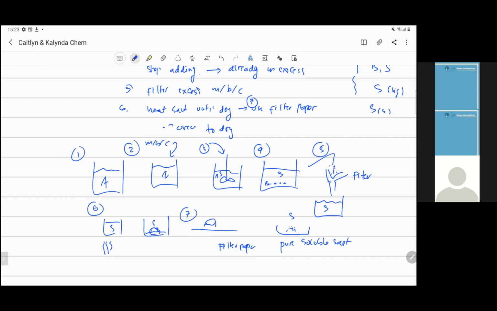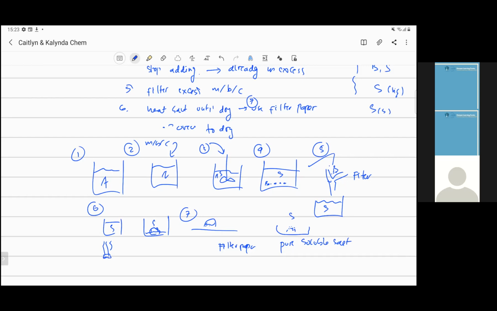After we filter here, the base stays in the paper, the salt becomes pure. Then we're going to heat the salt here until we have solid salt with a little water left. You can, if you want, dry them with a filter paper and then oven it. Otherwise, just dry it with filter paper.